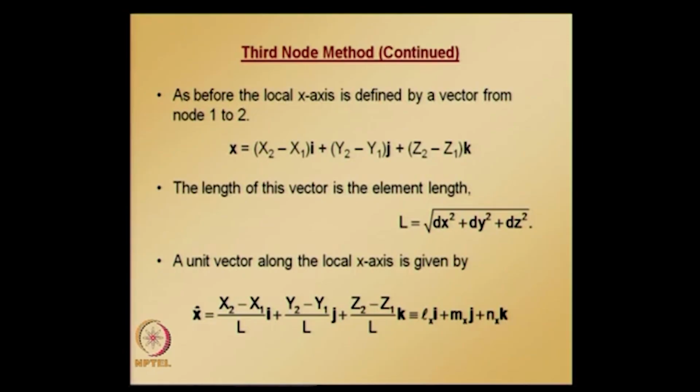And now the local y axis is normal to the plane formed by nodes 1, 2, 3. So, first we need to calculate the vector connecting nodes 1 and 3, and once we take the cross product of that with respect to the vector connecting nodes 1 and 2, we are going to get the vector along the local y axis.